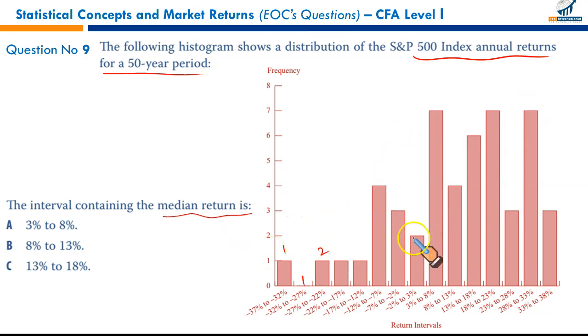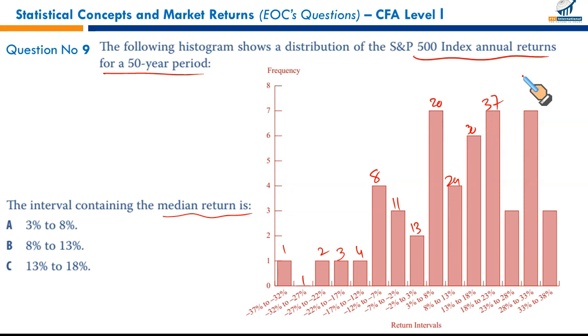These are the bar charts, and from this bar chart, I'm simply writing up the cumulative frequency. 1 plus 0, plus 1, 2, plus 1, 3, 4, 4 plus 4, 8, 8 plus 3, 11, 11 plus 2, 13, 13 plus 7, 20, 20 plus 4, 24, 24 plus 6, 30, and 30 plus 7, 37. I think fine.